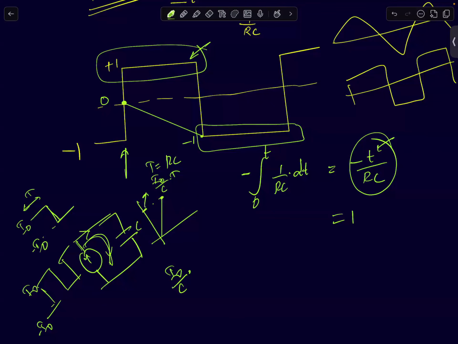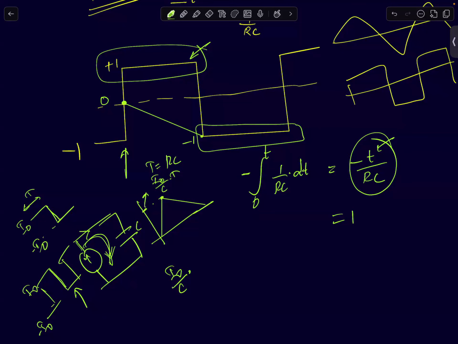In one cycle, you are charging the capacitor. In the other cycle, you are discharging, removing charge from the capacitor. So now what happens when you come to this point? Remember, the slope is the same, but your starting point will be different. You will start from here and remove the charge from the capacitor.